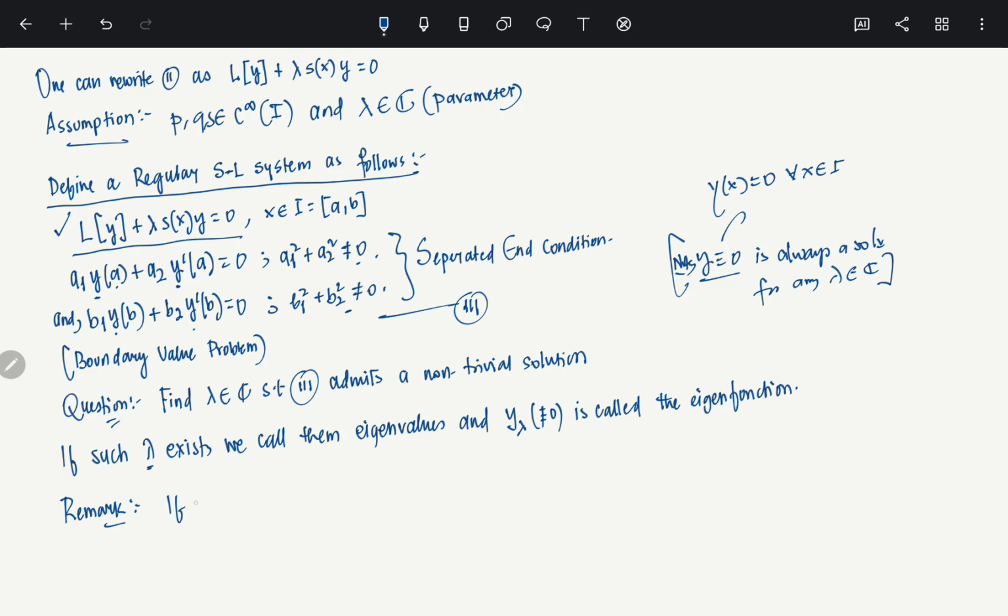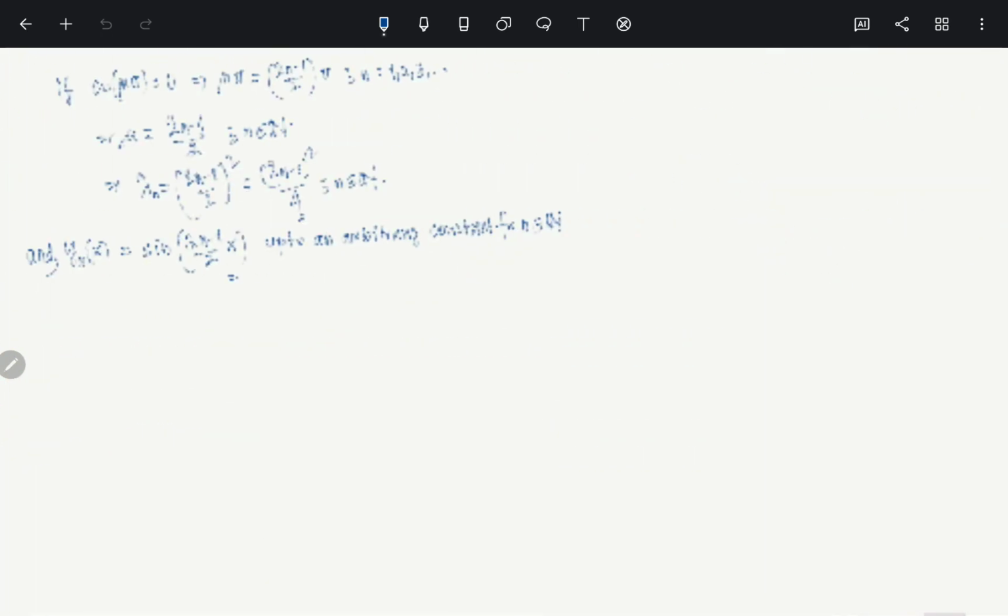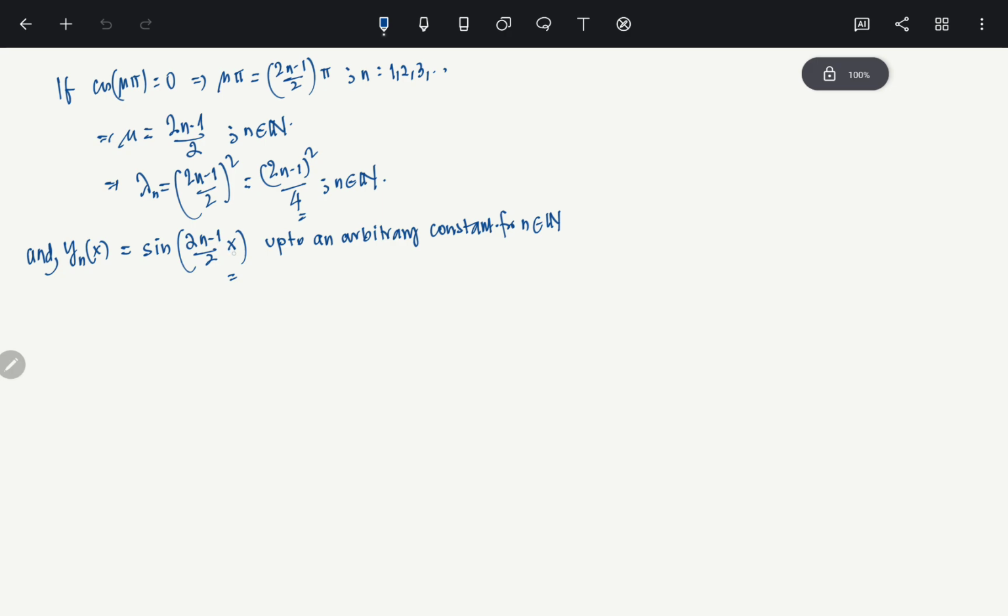So if y is a solution, then a constant alpha times y is also a solution. You can check it easily. It's a linear ODE, so this is true. So if sine of ((2n minus 1)/2) times x is a solution, then any constant multiple is also going to be a solution. So I am just taking this to be our eigenfunction.